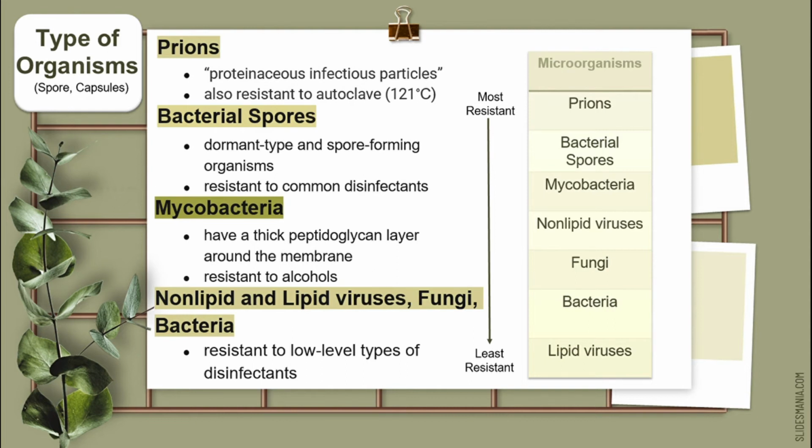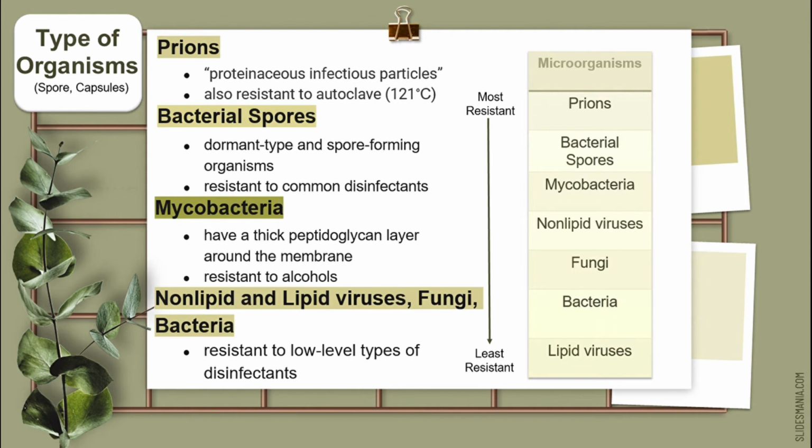Next, bacterial spores are dormant organisms that have minimal metabolism and respiration. These organisms can survive harsh conditions and environments, all thanks to their spore-forming ability and other mechanisms. They are also resistant to most disinfectants.